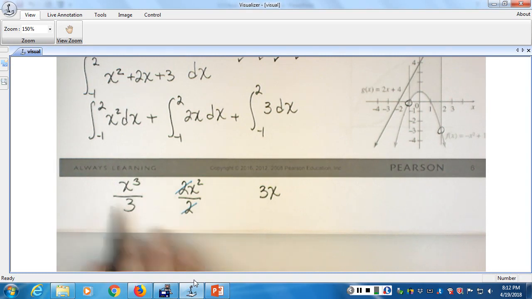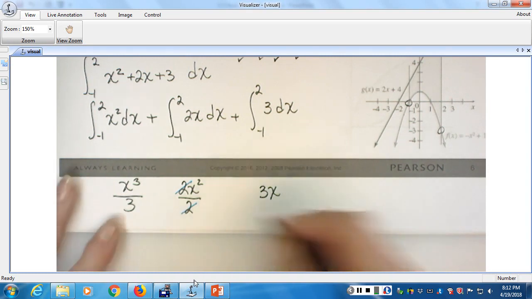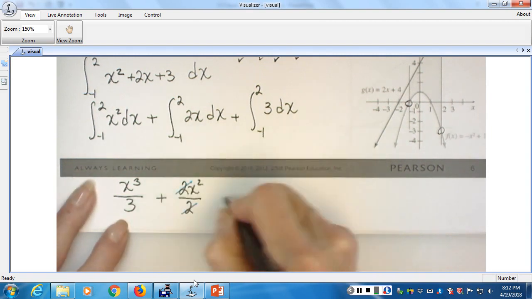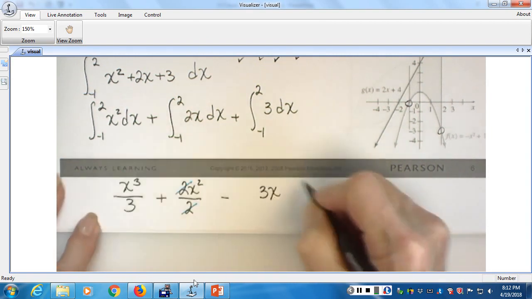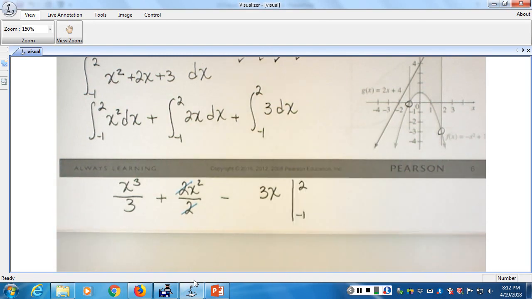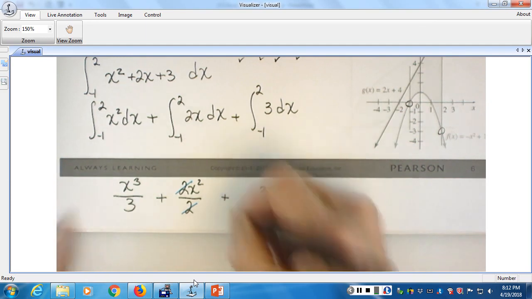And since we're evaluating all of them from -1 to 2, then we can actually do all of those at one time. Yes, it should be plus 3x. Thank you. I forgot to cross my plus sign.